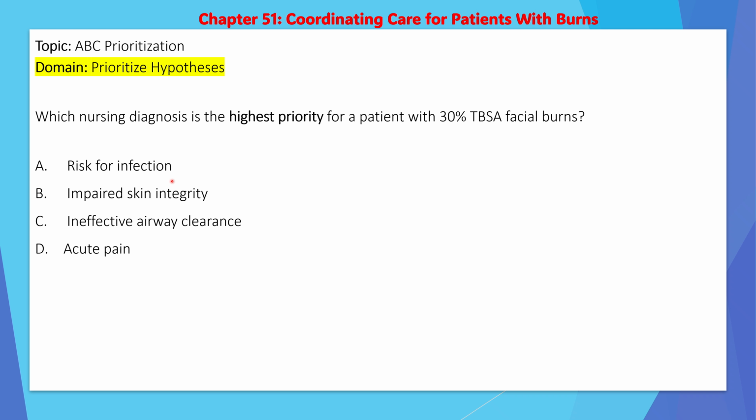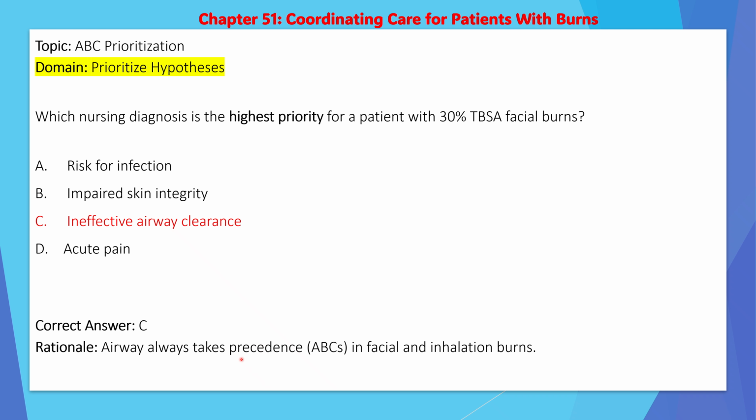Risk for infection, impaired skin integrity, ineffective airway clearance, and acute pain. It's ineffective airway clearance, because airway always takes precedence, like ABC, and with facial and inhalation burns, it is the highest priority.